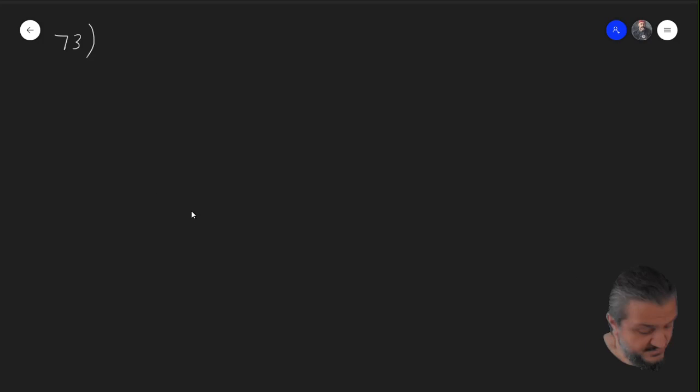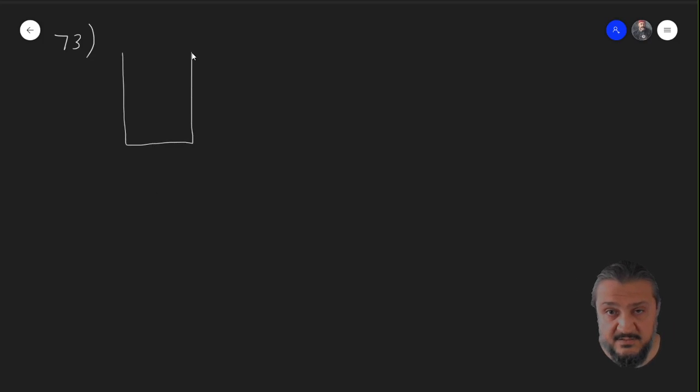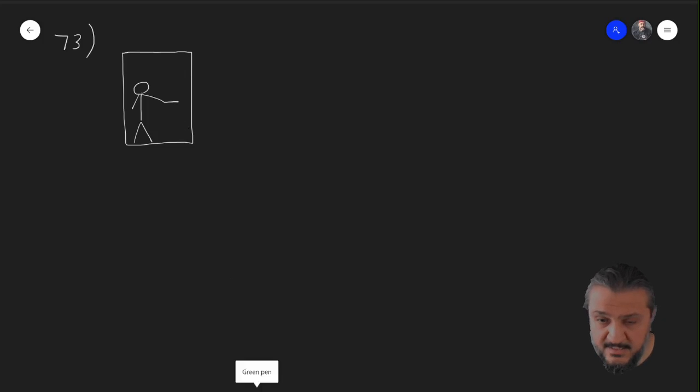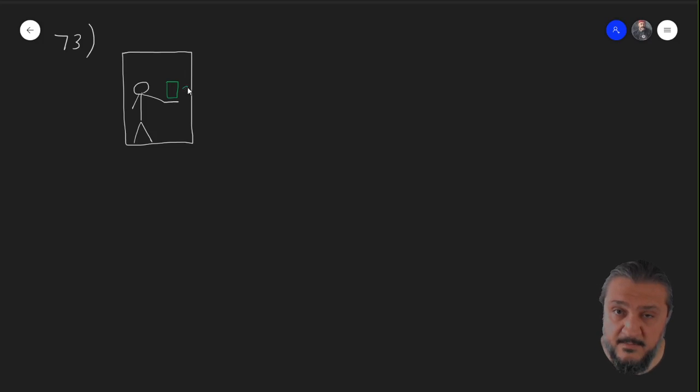Okay, so this elevator is moving up with a constant velocity, it says. But he's holding an object in his hand. Okay, it's a 2-kilogram stone.